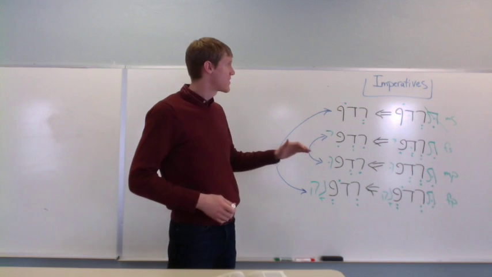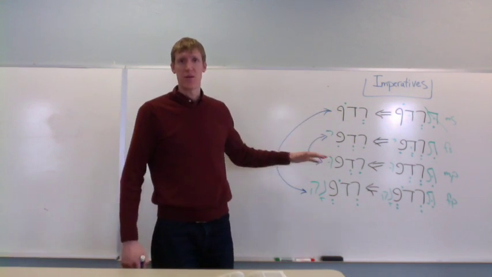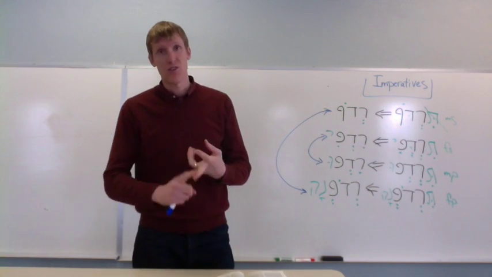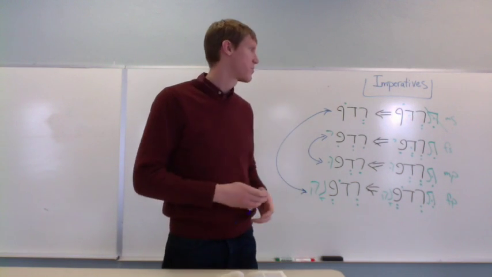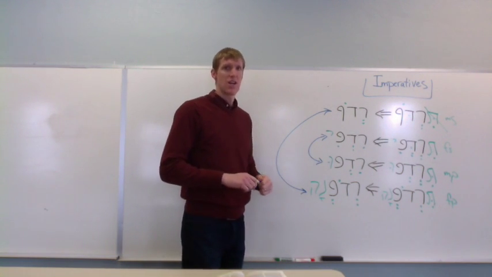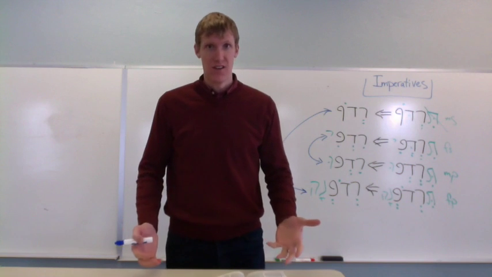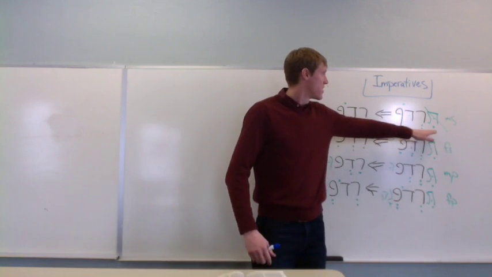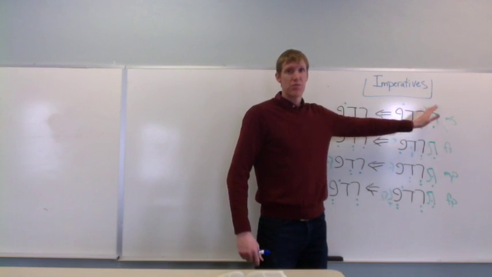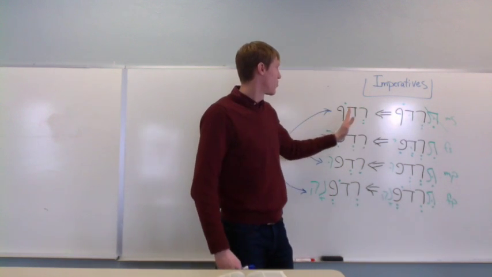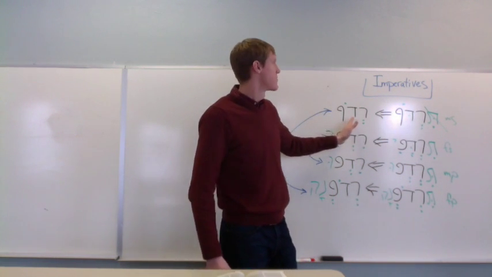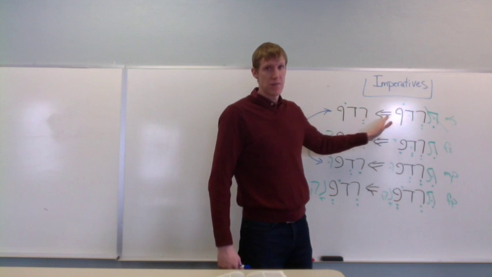Now, the way that you then differentiate between masculine singular, masculine plural, and feminine plural is by the ending, the prefix complement. So over here, masculine singular, you remove the prefix for the imperative form, and you're left with no ending, right?